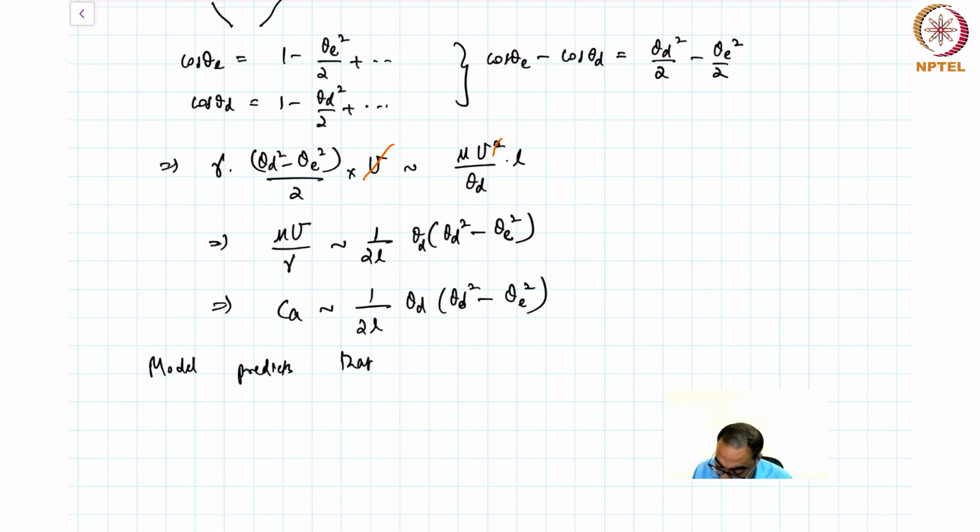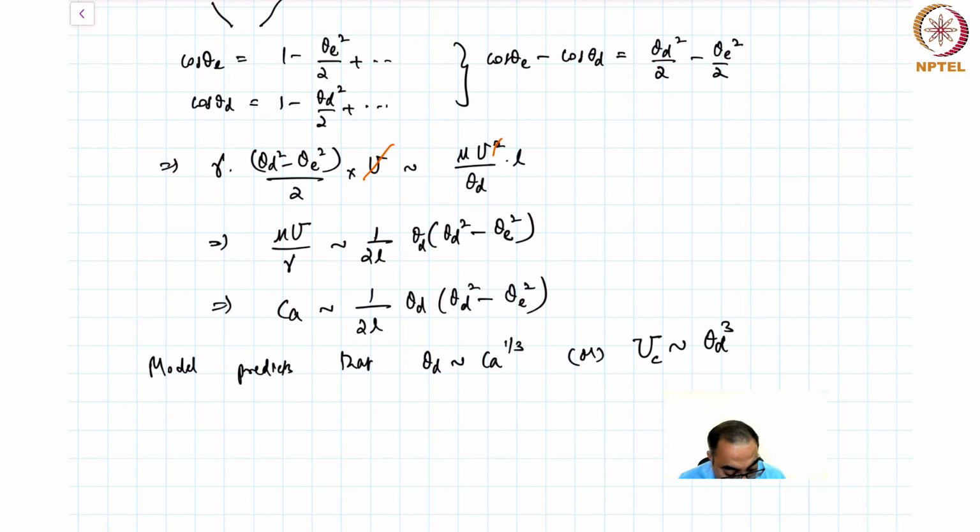And the model predicts that the dynamic contact angle goes like capillary power 1 by 3, because notice that we have a theta d cube on the right hand side. So if I ask what is the relationship between theta d and the capillary number, that turns out to be theta d cube, or in other words, the velocity of the contact line, which we called u, I'll call it uc, that again goes like theta d cube, right?